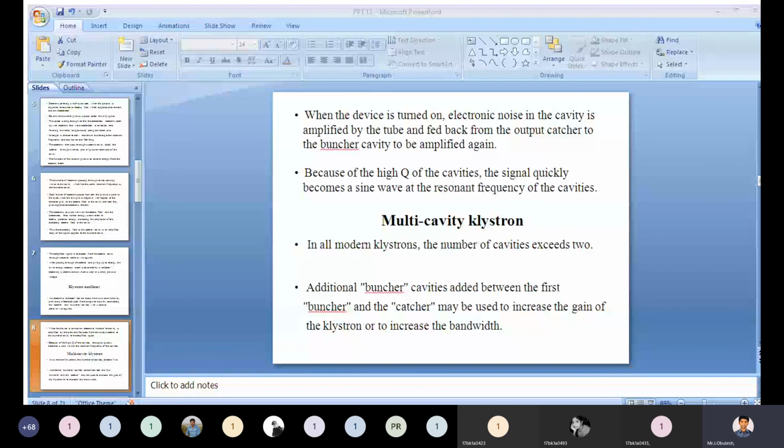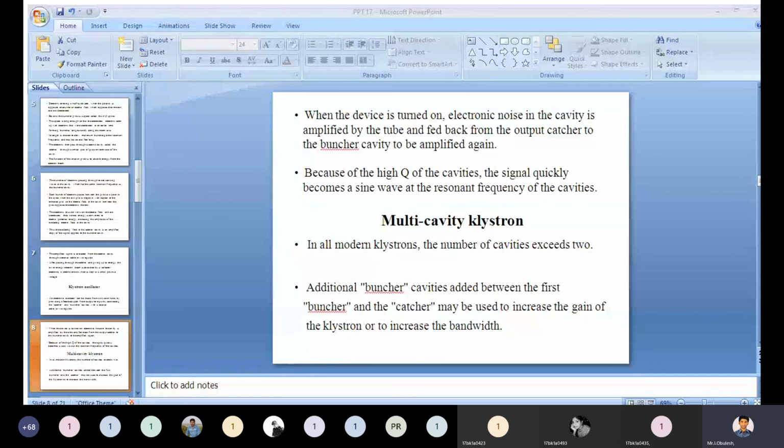Next is applications. Klystrons can produce far higher microwave power outputs than solid state microwave devices such as Gunn diodes. In modern systems, they are used from ultra high frequency up to hundreds of gigahertz.